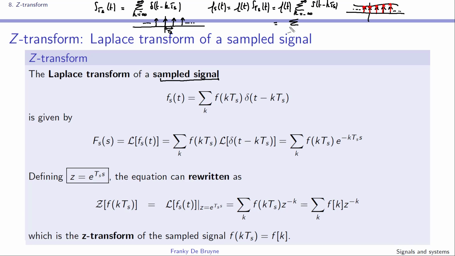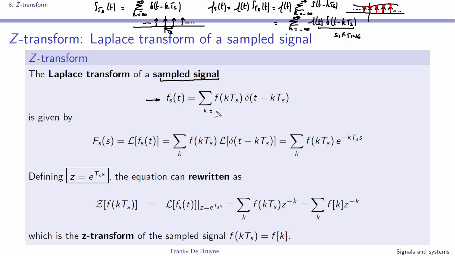So you'll have the sum for k equal to minus infinity to infinity of f of t delta of t minus k Ts, right? And then what you can do is use the sifting property of the Dirac function, right? This is a delta located at k Ts, so you can replace f of t by f of k Ts, and this is how you obtain this expression here.